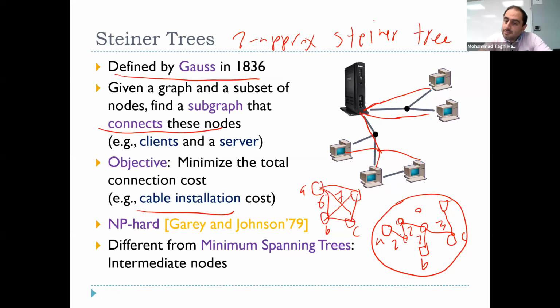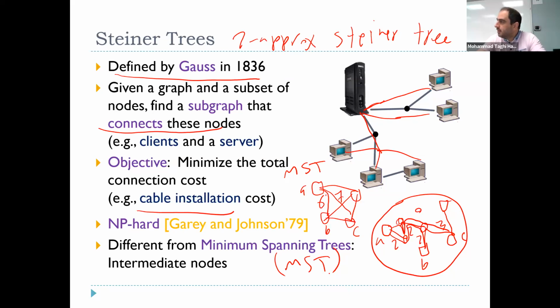So this 6 path and this 7 path actually have some intersection. But we don't care. So you just put these ones. Then in this new graph that has only terminals, you will find the minimum spanning tree or MST. This gives you a two approximation for this network design problem.